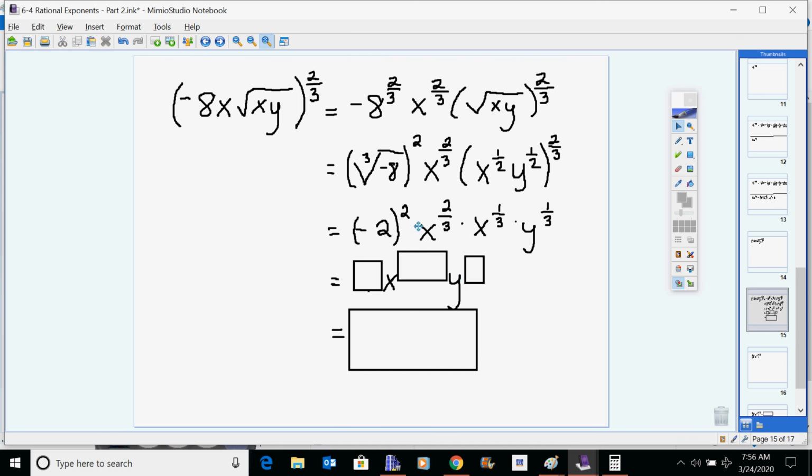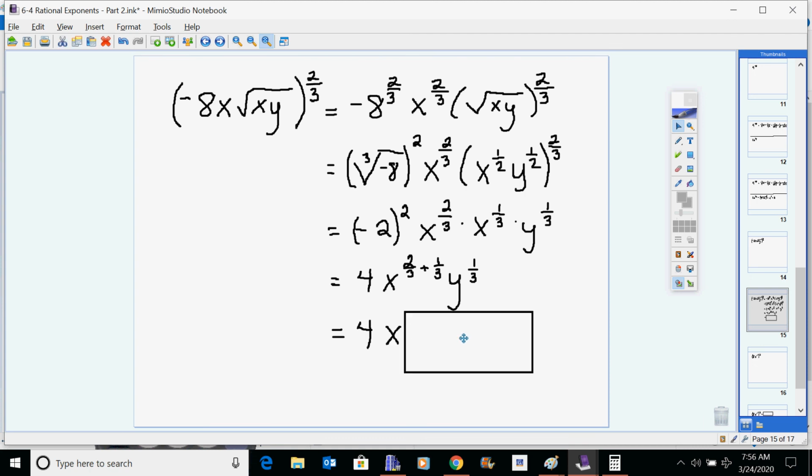I want to gather some things up and simplify even more. Negative 2 squared gives you 4. X to the 2/3, x to the 1/3, you've got common like bases, so you can add those exponents. And y to the 1/3 we have to leave alone. So 2/3 and 1/3 gives you 1. And y to the 1/3 can be simplified down to the cube root of y.